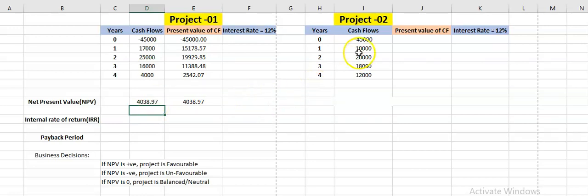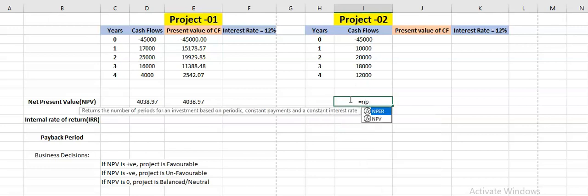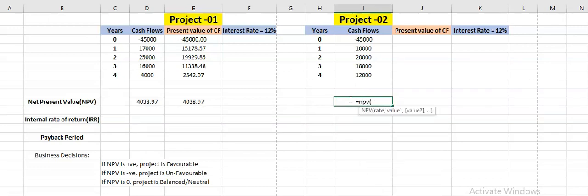Similarly, we calculate the net present value of project 2: equal to NPV, bracket open, rate of interest 12%, comma, positive cash flows, bracket close, plus the negative cash flow separately.